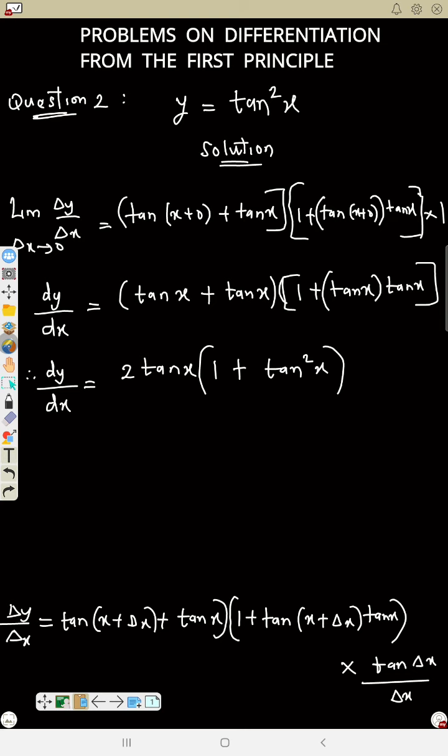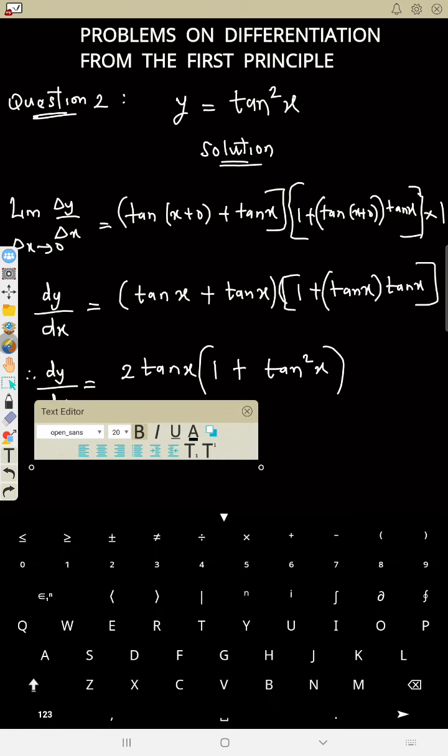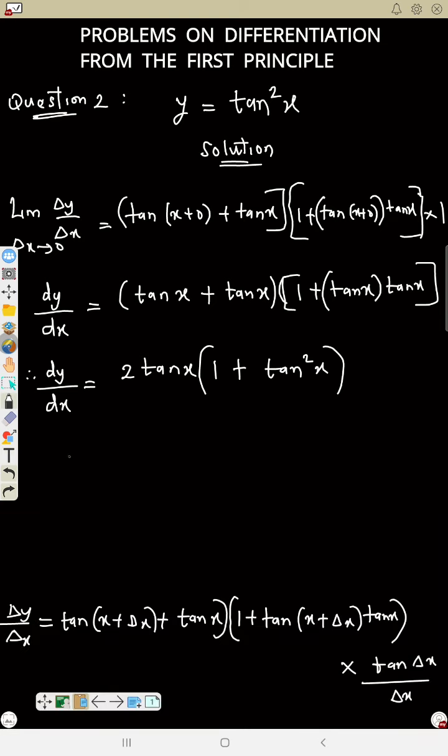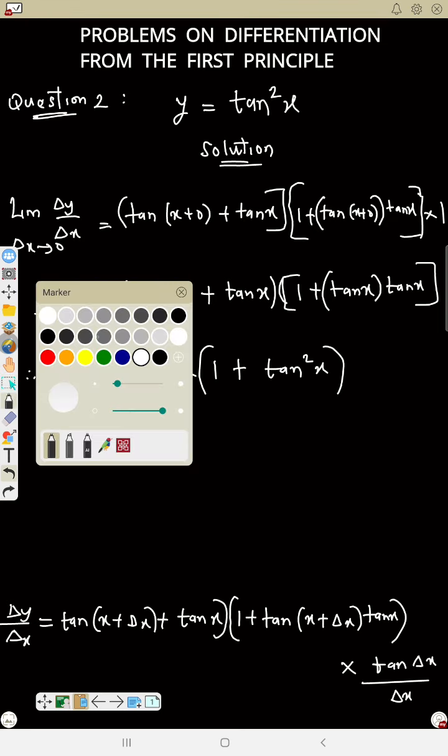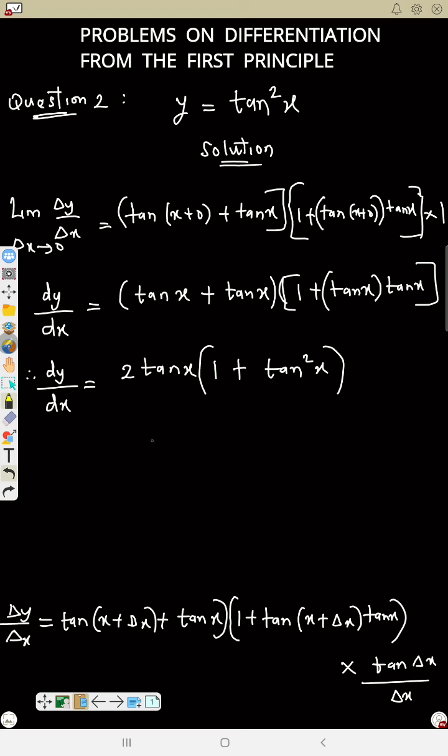So now we have dy over ds is equal to, before we expand, let's use an identity straight. There is an identity that sec square x is equals to 1 plus tan square x.